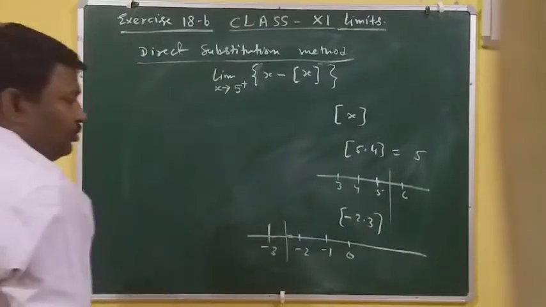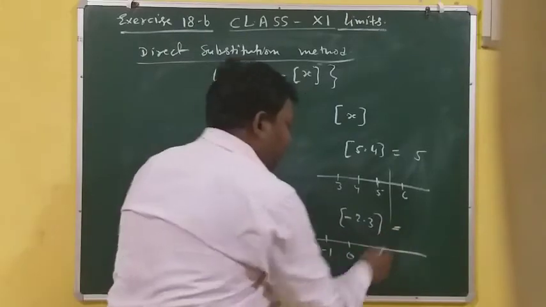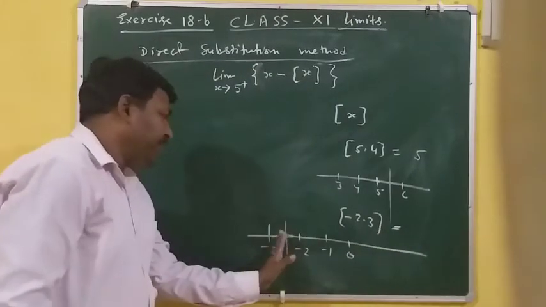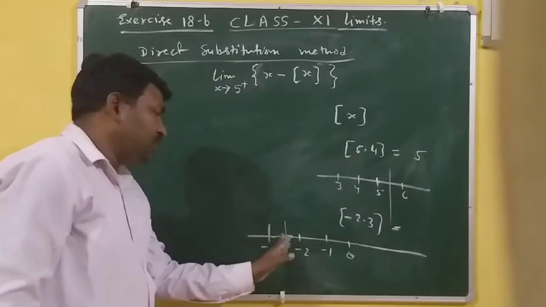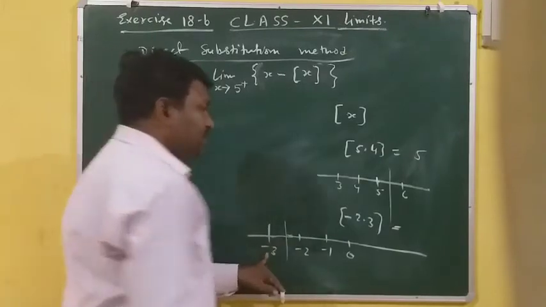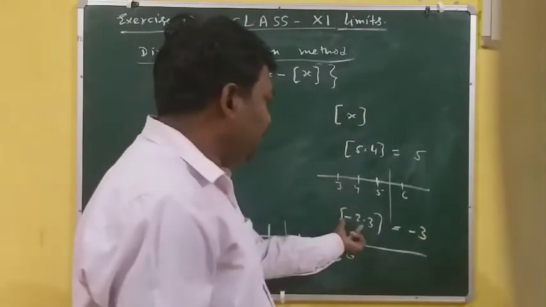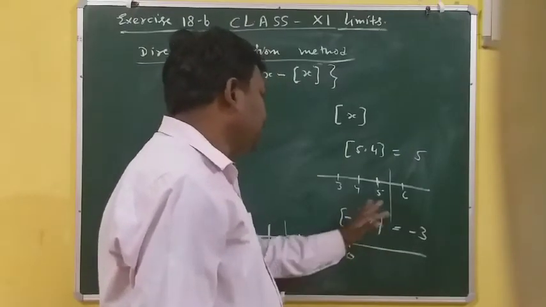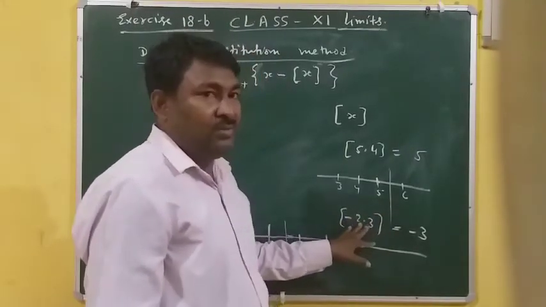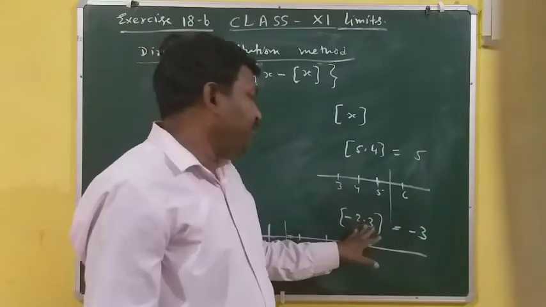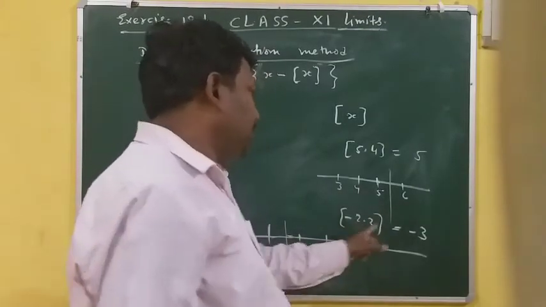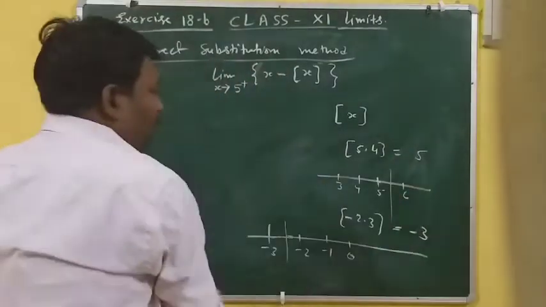So what will be its value? What is the value just left to this value? It is minus 3. It means an integer which must not be greater than this one. So very close to this one, that is called the greatest integer, right?